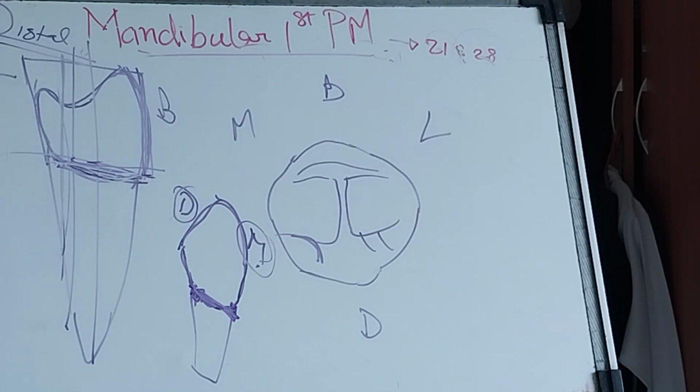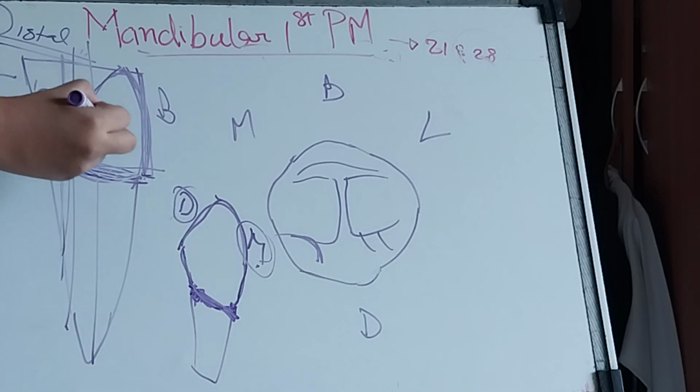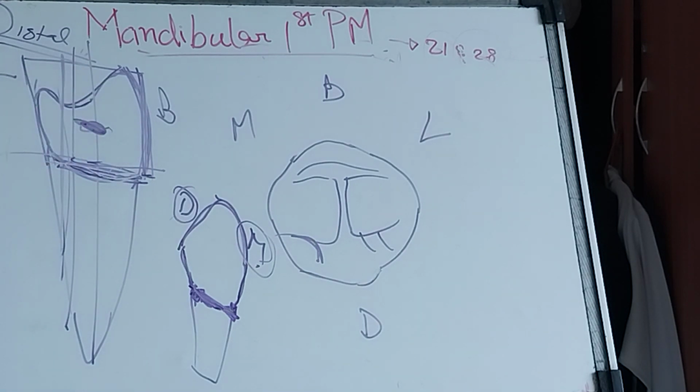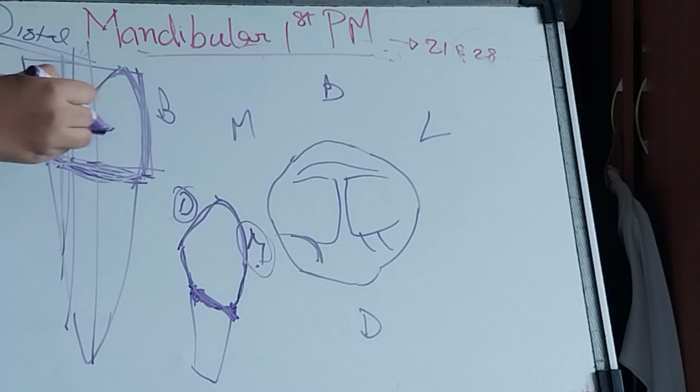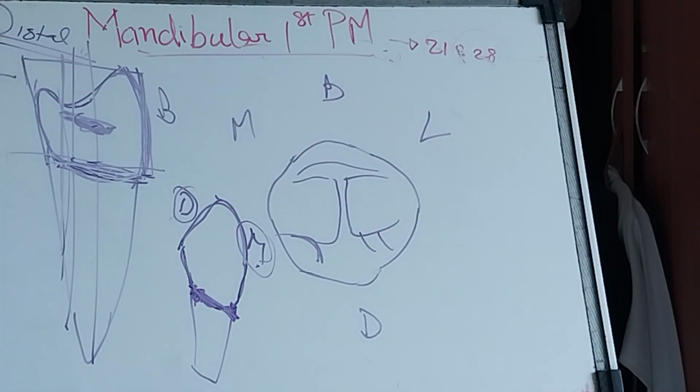The distal contact area is at the same level, but it is broader. It is also centrally placed, but it is much broader than the mesial surface. Let's go on to the occlusal surface and then we are done.